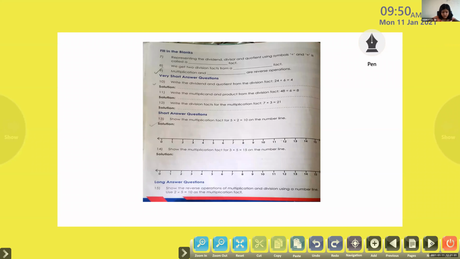Represent the dividend, divisor, and quotient using symbols. The division symbol and equal to is called a dash fact. What fact?